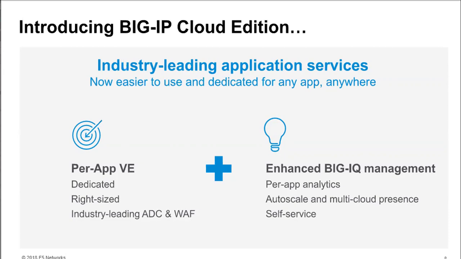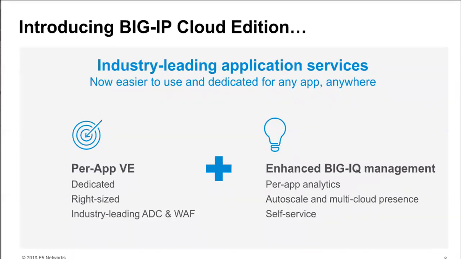This is quite different from the normal physical and virtual Big IP, because this one is solely dedicated to a particular app that maybe a DevOps team in an organization is deploying, and customized to that one. It only comes with both local traffic manager, which functions as a load balancer, and also WAF, which functions as a web application firewall, in one.